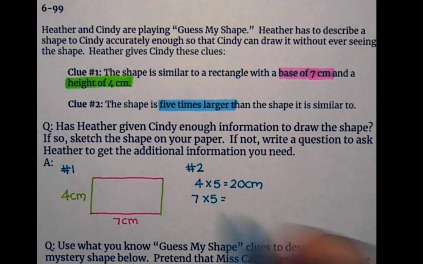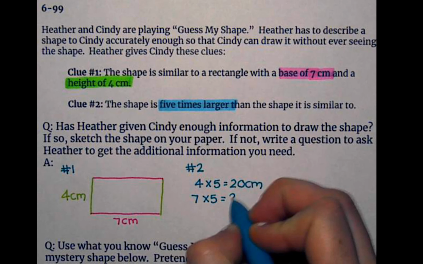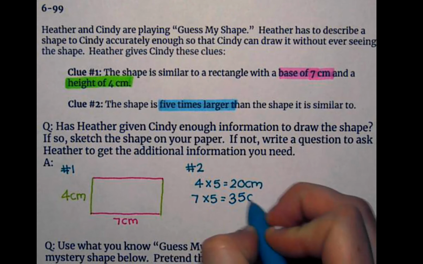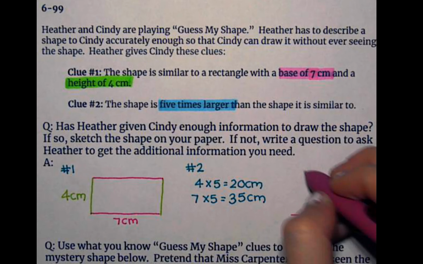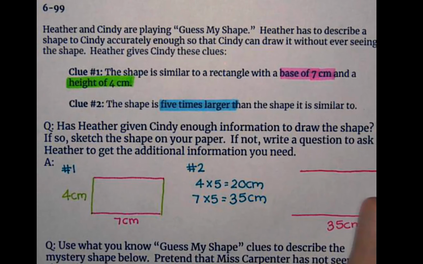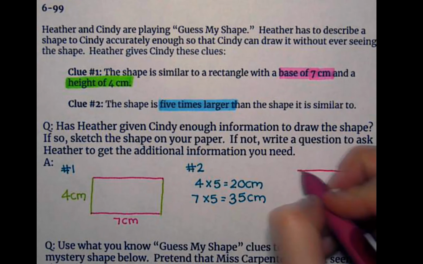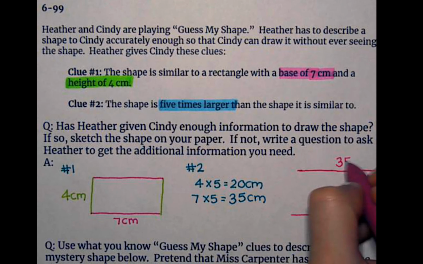Alrighty, and then we have 7 times 5, which equals 35 centimeters. Now we're going to redraw our base and our height. So our base is going to be this number right here. That's going to be 35 centimeters. And that's going to be 35 centimeters.